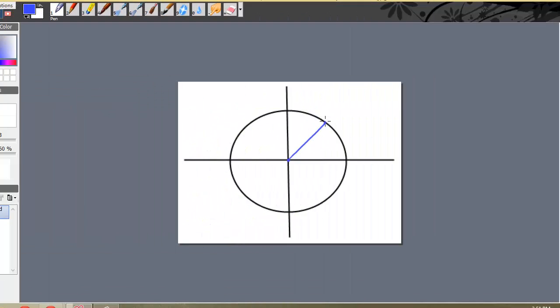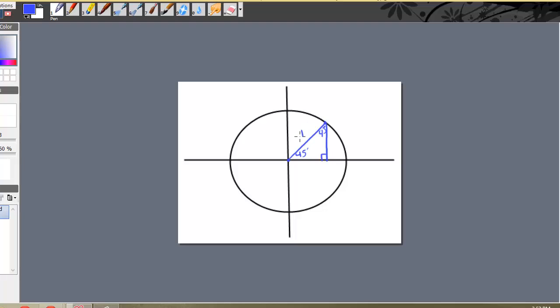Now if we continue and say, let's say that we drew this radius and we know it's equal to 1, and we call this angle theta. Instead of theta, we can see that it's pretty much 45 degrees. The way that I've drawn it, it looks like it's a 45 degree angle. So now, if we know that this is 45 and this is 90, this angle has to be 45.